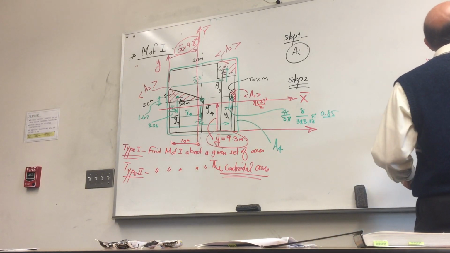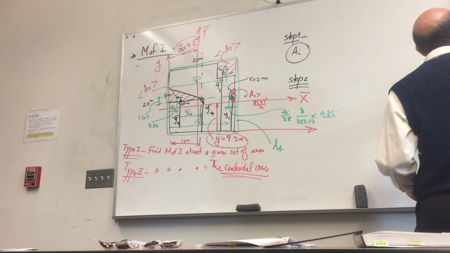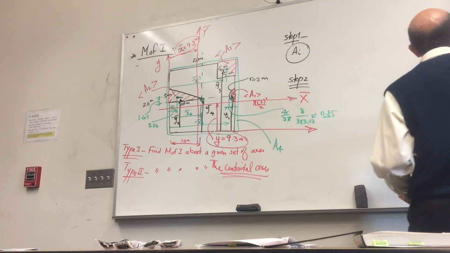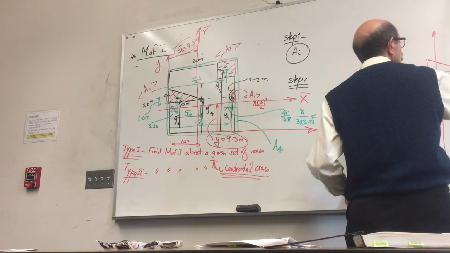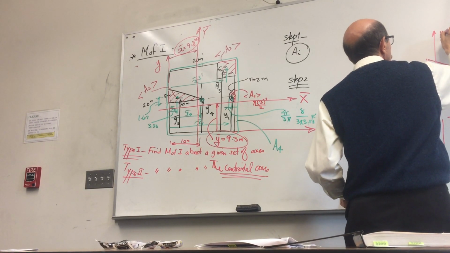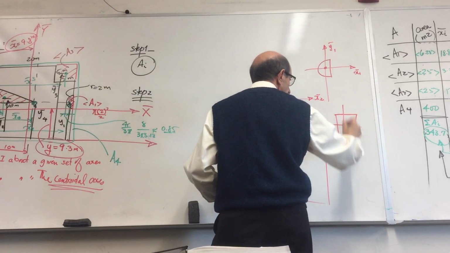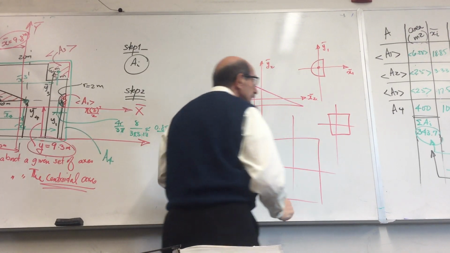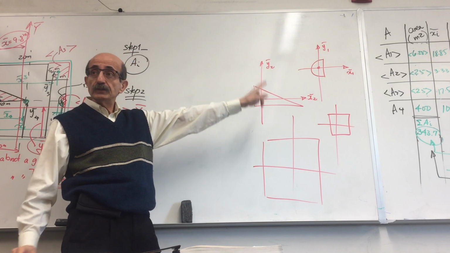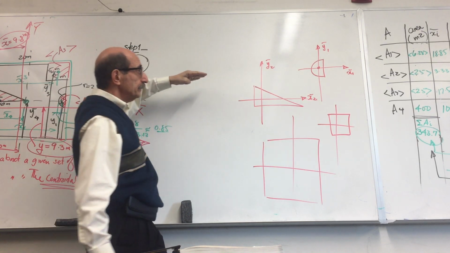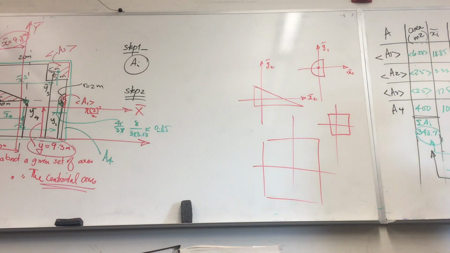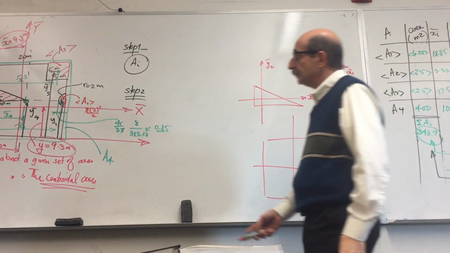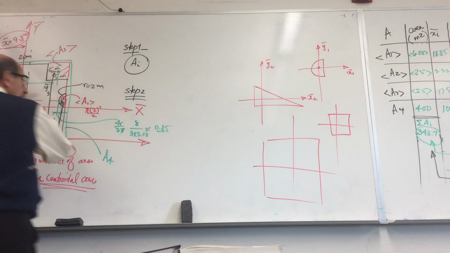Each of them have these centroidal axes of their own. Okay, so you find the moment of inertia of each shape first about their x centroidal axis. And that's what this column is. So let's start with this guy, A1.